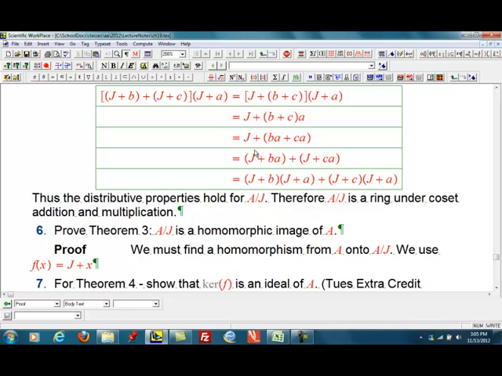J plus x. The x comes from our A, and J plus x is in our A mod J. We must show that f is a homomorphism.